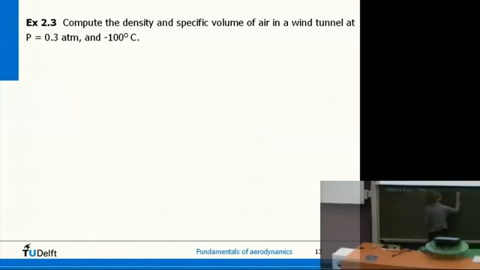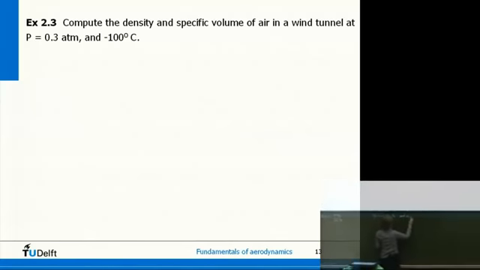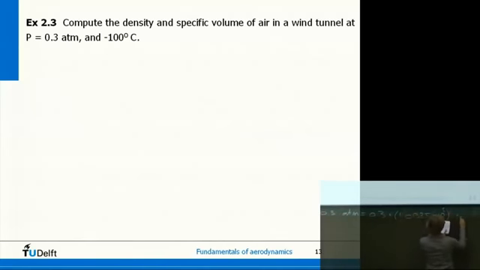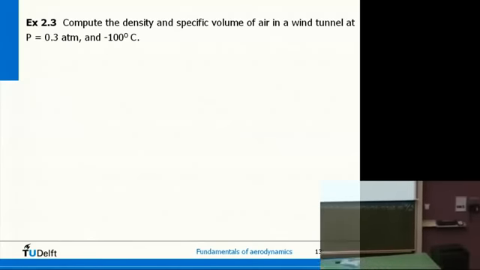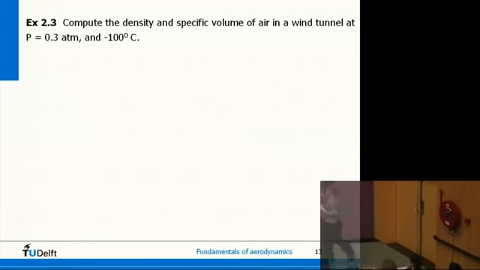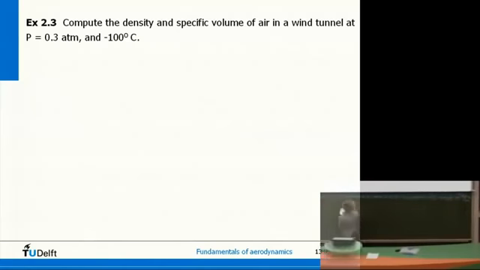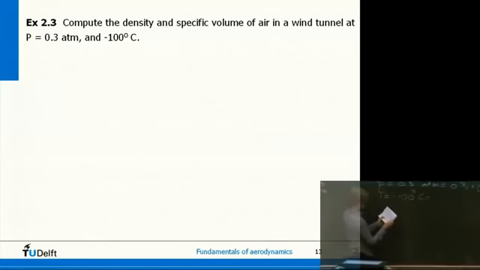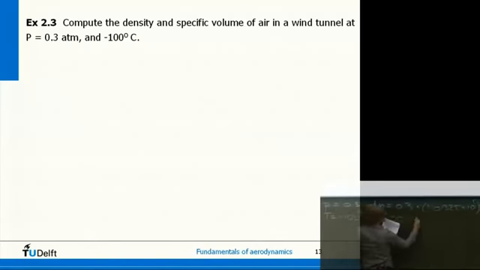So this you should always remember. So 0.3 atmosphere is actually the same as 0.303 times 10 to the power 5 newtons per meter squared. Then we have a temperature, but it's in Celsius and we need it in Kelvin. Simple again: minus 100 degrees Celsius is equal to minus 100 plus 273, which is 173 Kelvin.